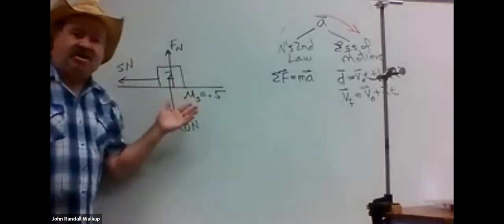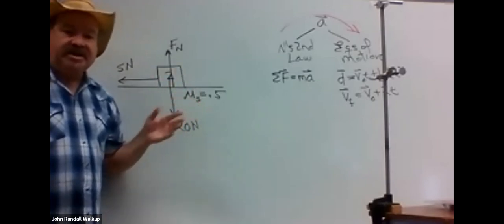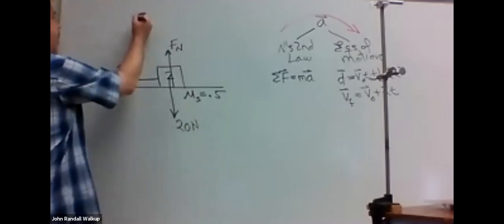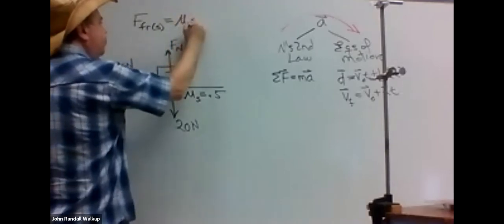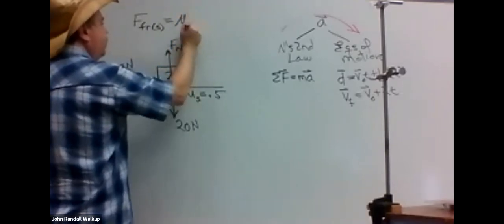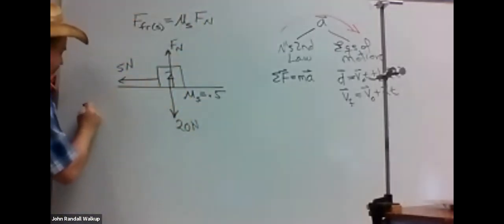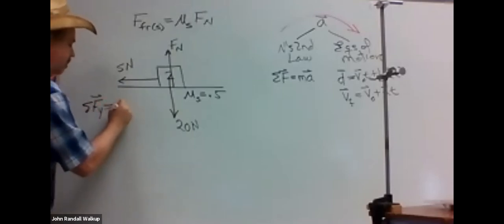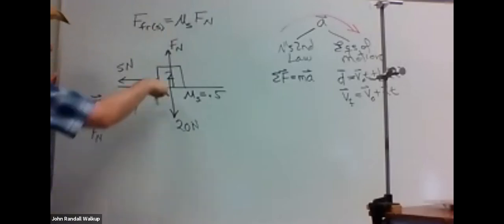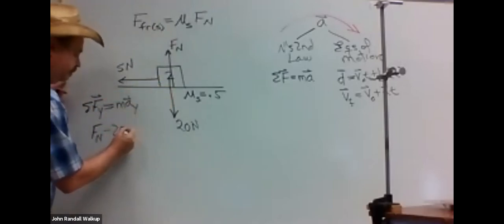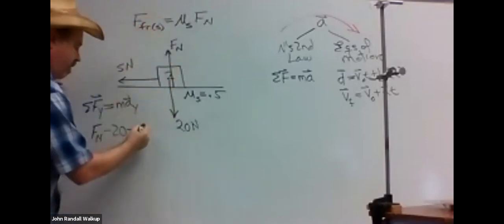And I ask students all the time, what happens to the box? And they say, oh, okay, I know this equation. Force of friction, static case, is equal to mu sub s times the normal force. Now I got to find the normal force, but here that's not too hard. I vector sum the forces in the y direction. I get F of n acting up, 20 acting down. This object is not accelerating at all in the y direction.